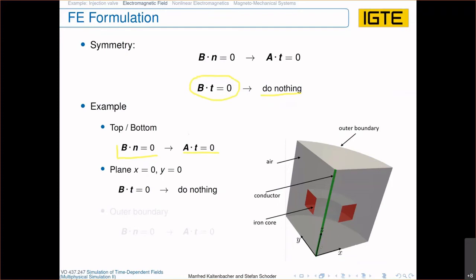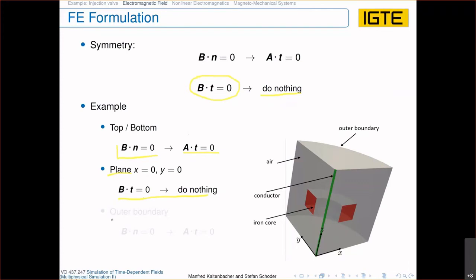So that means that exactly at these planes we have just a normal component of B, and the tangential component of B is equal to 0. And that we also have discussed up to here. So for these two surfaces, we know that we do nothing concerning the magnetic vector potential.